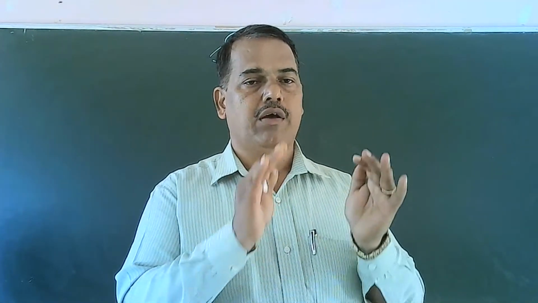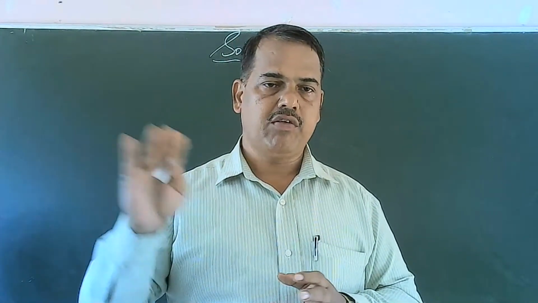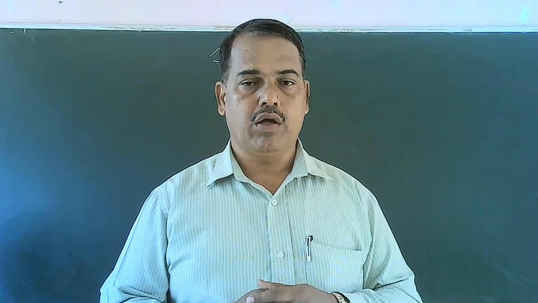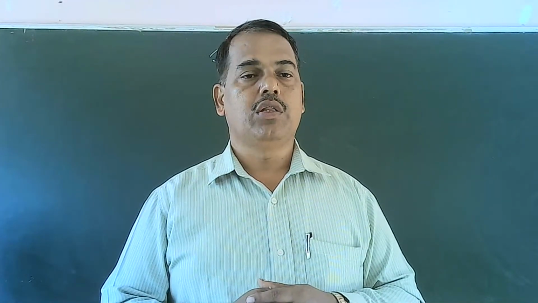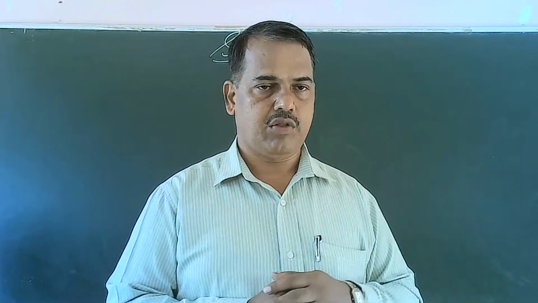If the number of octahedral voids is n, the number of tetrahedral voids is 2n. Are you clear? That is what we discussed in the last class.